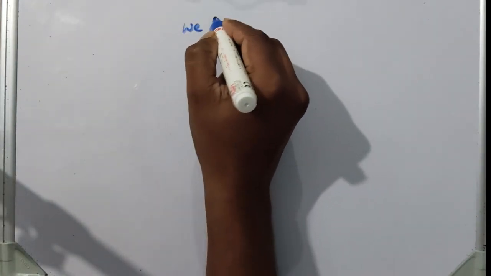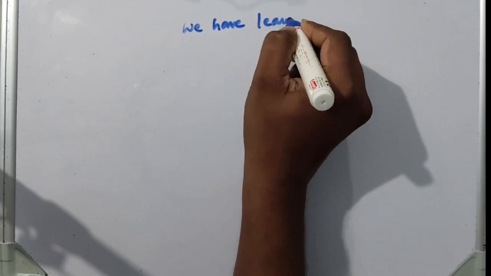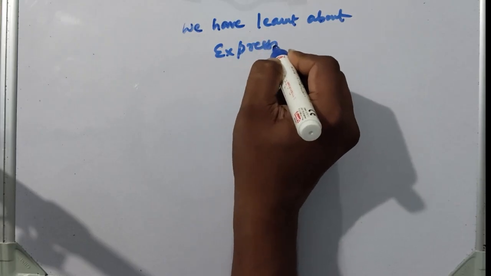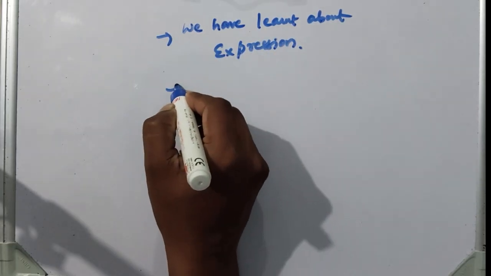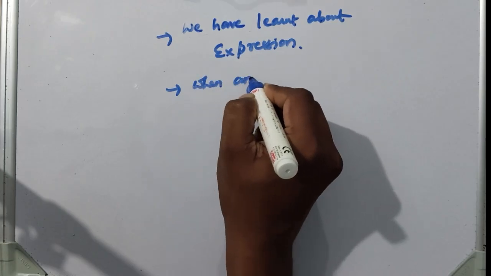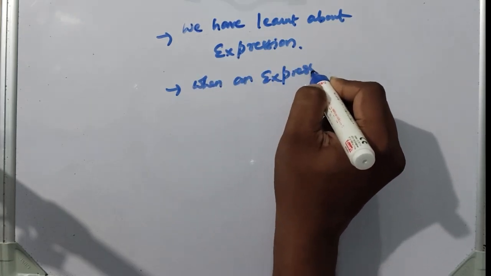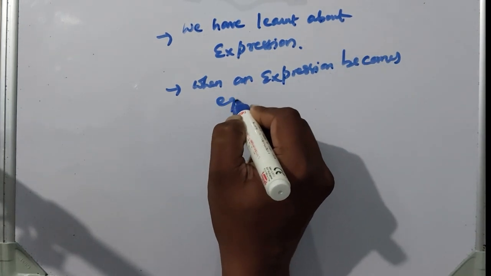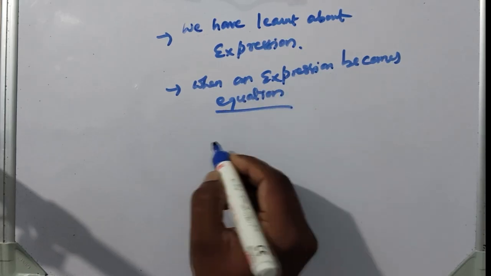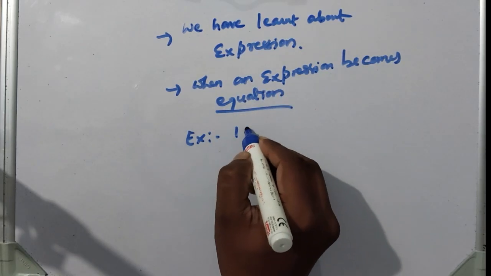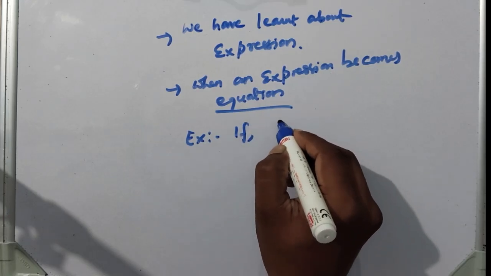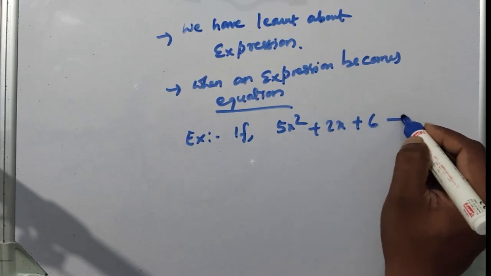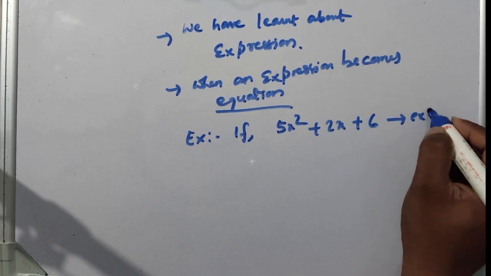So we have learned about expression. Now when does an expression become an equation? Let's say 5x square plus 2x plus 6 is an expression.